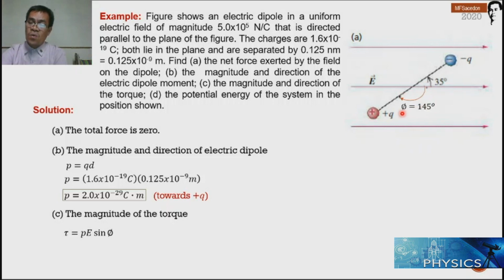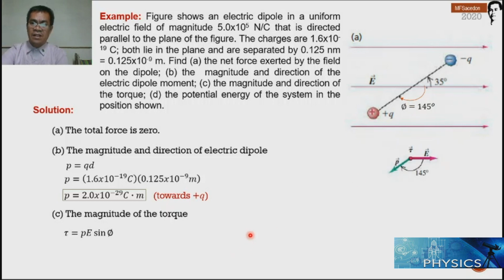This is 145 degrees. So, reminder, do not use the 35 degrees because 35 degrees is not the angle from the electric field towards the direction pointing the dipole moment. So, take the supplementary angle of 35. That's the angle theta.